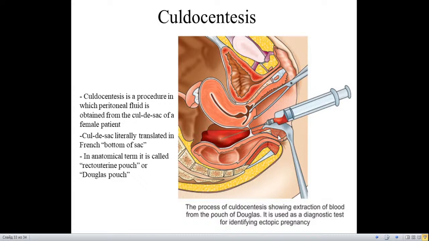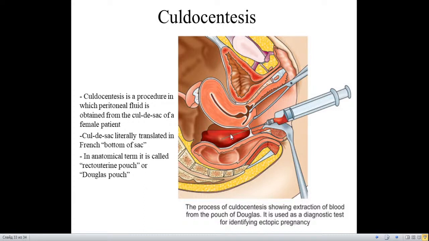Actually, it is the abdominal cavity with peritoneum, which resembles a sac. And the bottom of the sac means its lowest portion, which I mentioned many times today. It is the vesicouterine pouch and rectouterine pouch. Actually the rectouterine pouch is known as the Douglas pouch. It is the lowest and deepest part of the abdominal cavity.